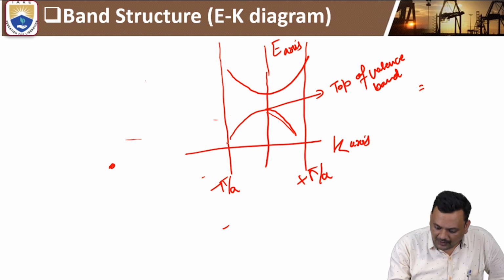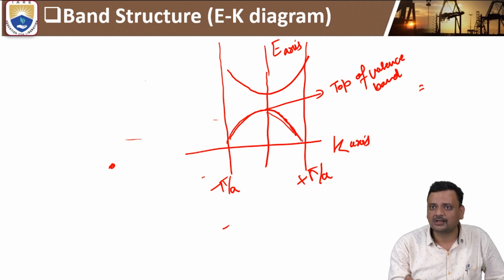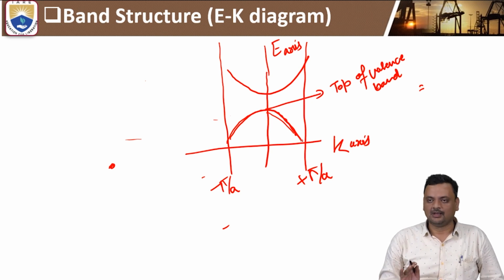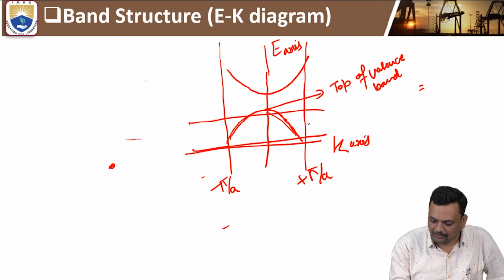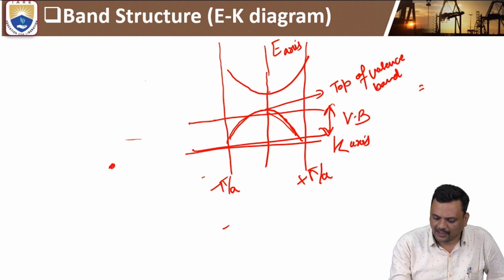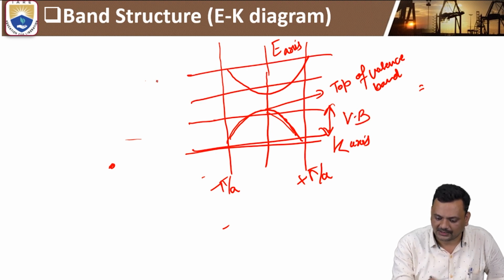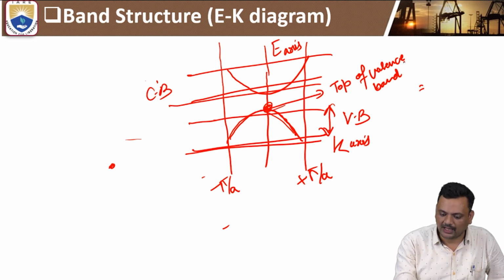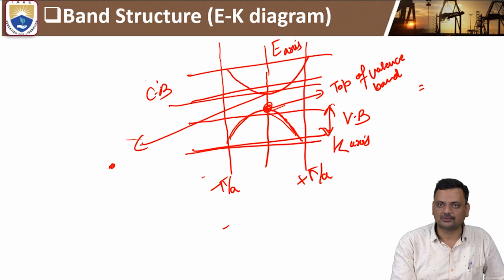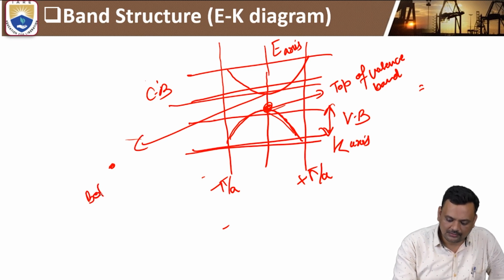So the first energy level is your valence band region. This is your complete valence band, up to here. And this is your conduction band. This point is known as the top of the valence band. This point is known as the bottom of the conduction band.